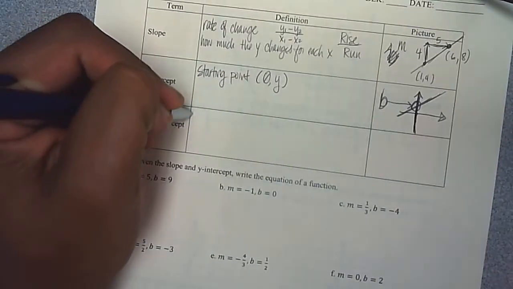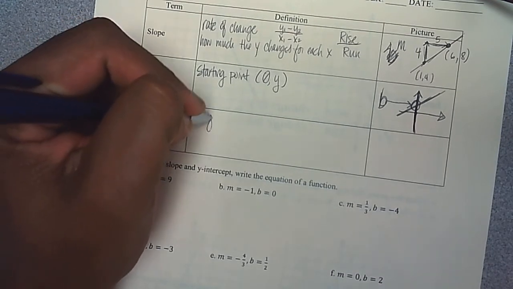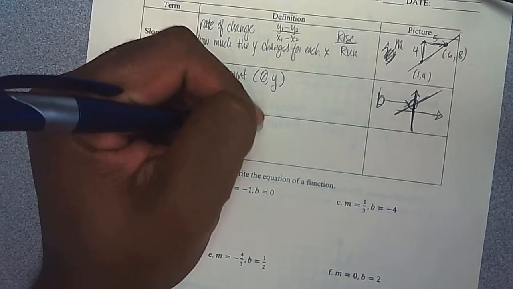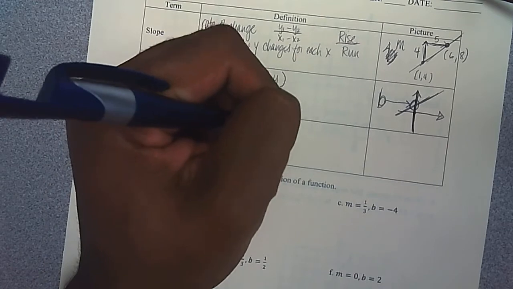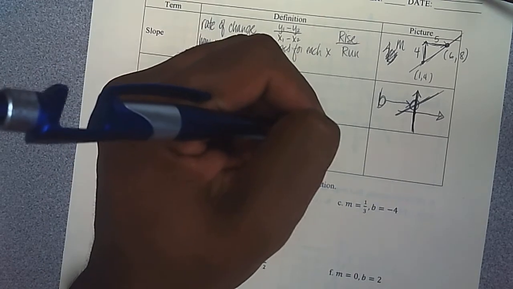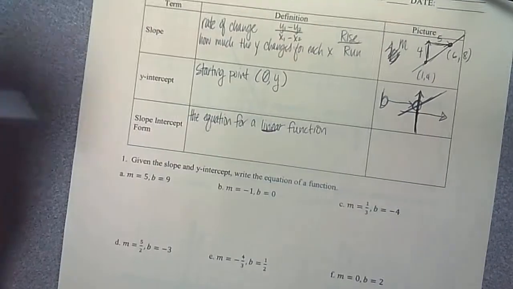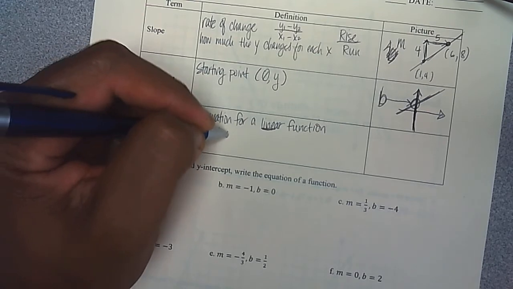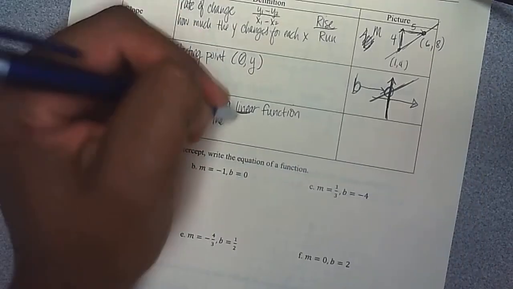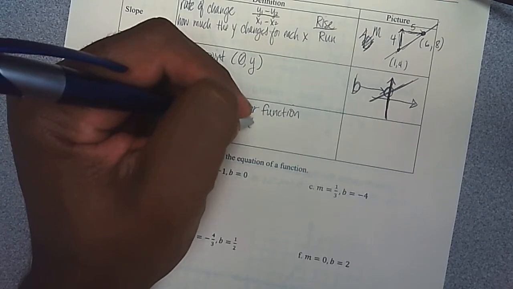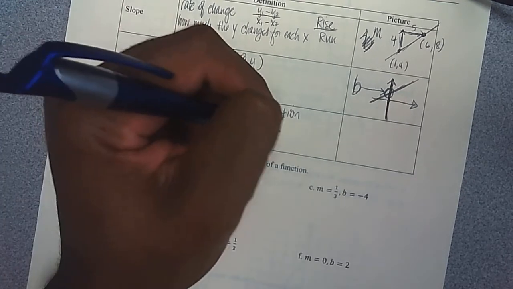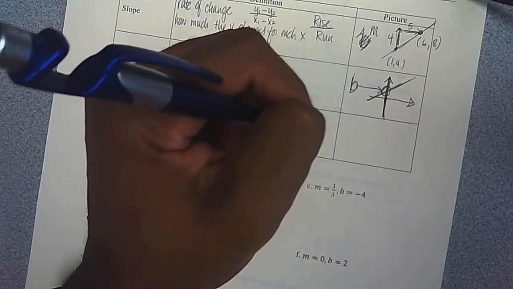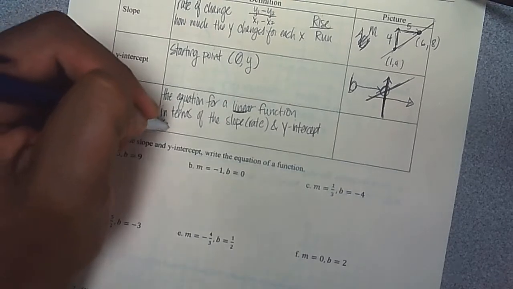Slope-intercept form is the equation for a linear function, linear having line in it, in terms of the slope, which is your rate, and y-intercept, which is your starting point.